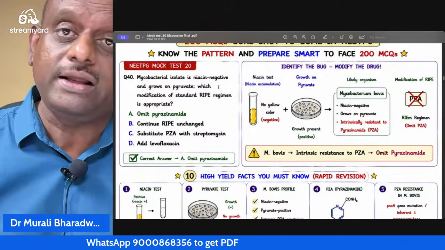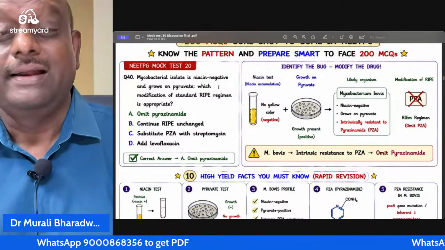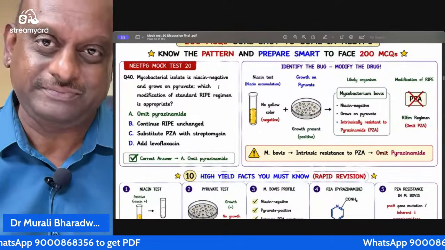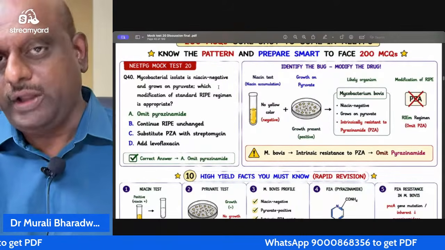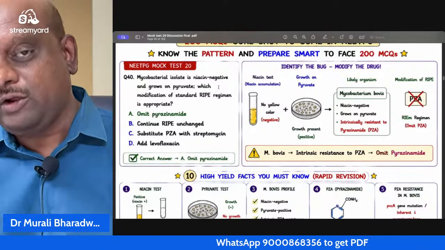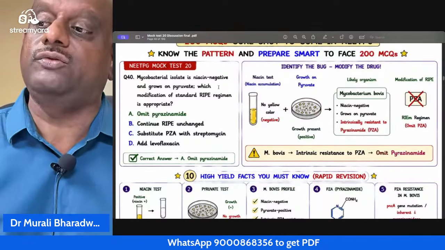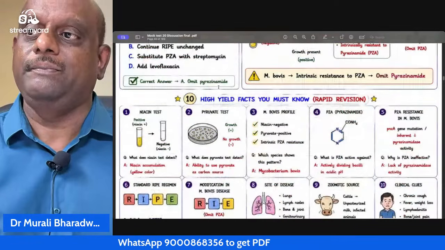And how do you recognize it? Typically, niacin test. Niacin negative, growing on pyruvate, equal to Mycobacterium bovis is what we need to remember.